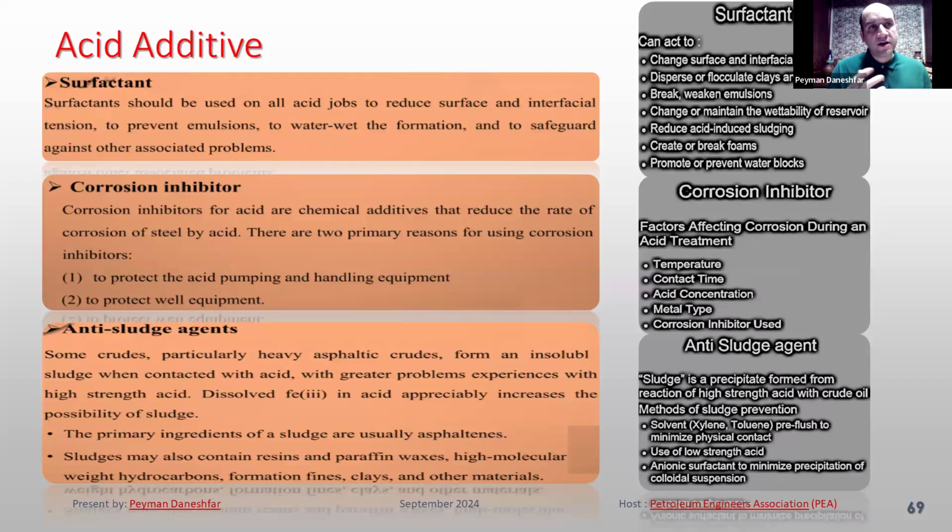For example, for high temperature, we use some intensifier like formic acid to aid the corrosion inhibitor. Anti-sludge agent: for example, some crudes, particularly heavy asphaltenic crudes, form an unsuitable sludge when contacted with the acid. Because of this, we use some anti-sludge agent to cure this problem.